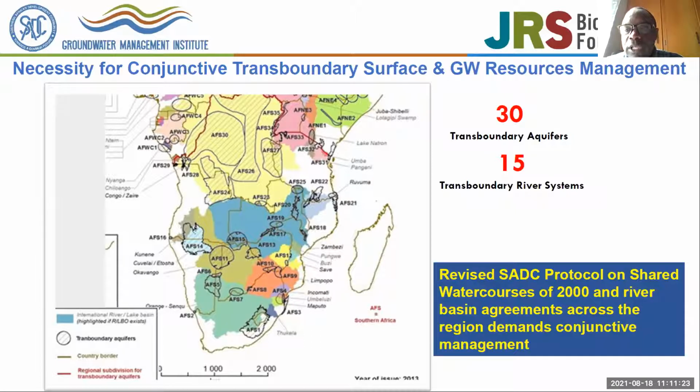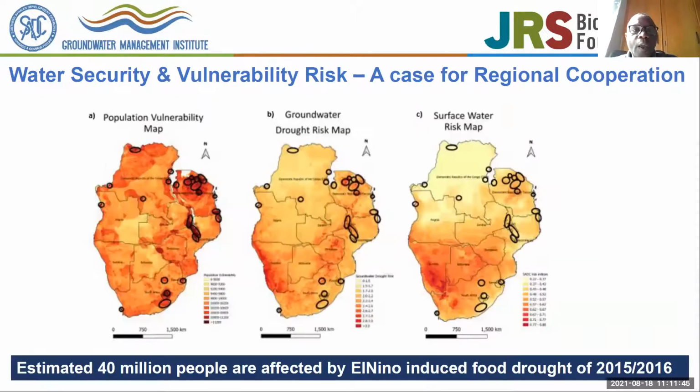So the SADC protocol on shared watercourses promotes the conjunctive utilization of groundwater and surface water. And this talks to the need to address these resources as a conjunctive resource and not singly, as has historically been the case.